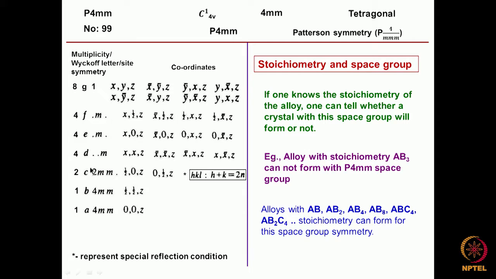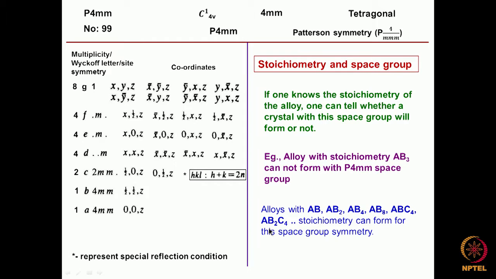The number represents the number of atoms which will be there in the unit cell. From this we can determine the stoichiometry. If the A atom occupies 1A and the B atom occupies 2C, then it will be AB2. If it is between A or B and D, E or F position, it will be AB4, or between 1 and the general position, it has to be AB8.